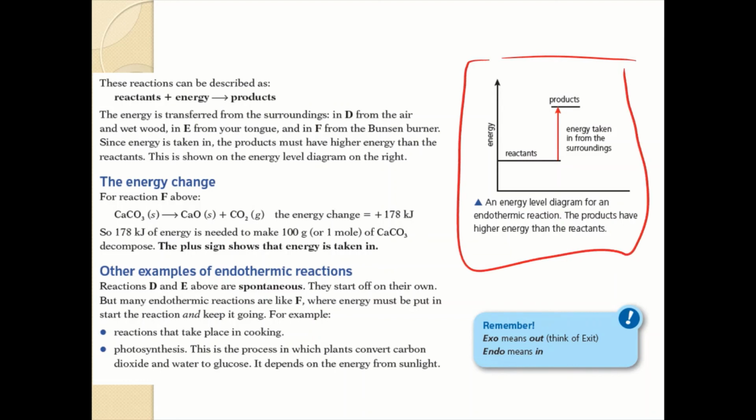You started with a certain example, 8 joule, you ended with 10 joule of energy. So it simply means that 2 joule of energy has been added to the reactant to now form 10 joule of product. So for an endothermic reaction, energy is absorbed, energy is taken in. So the plus sign indicates that energy is taken in.